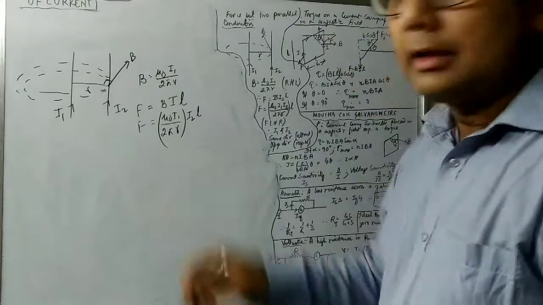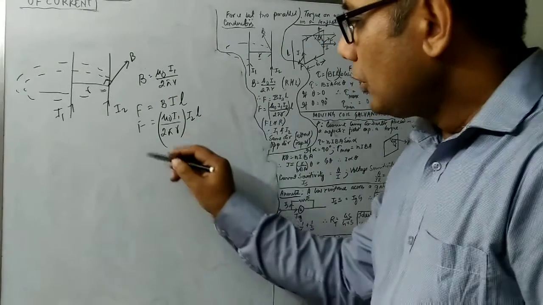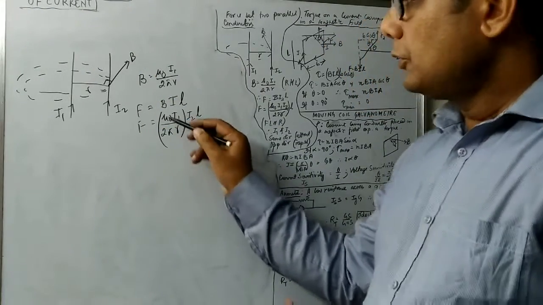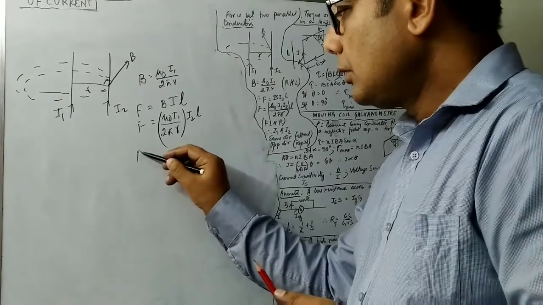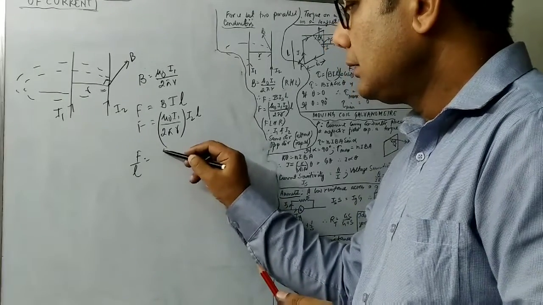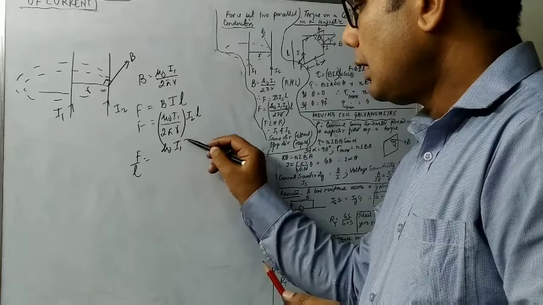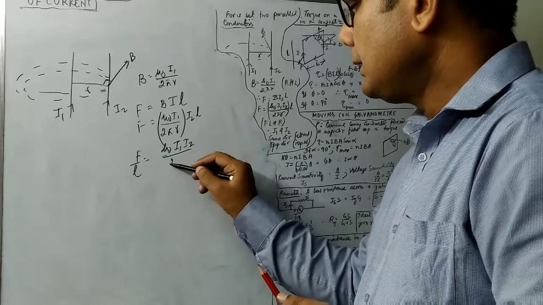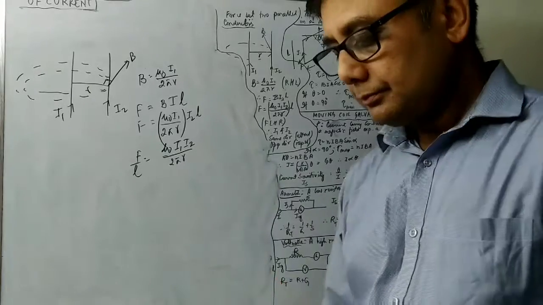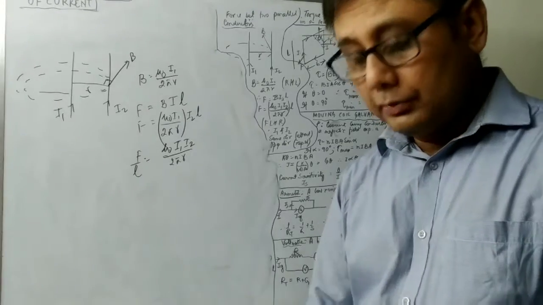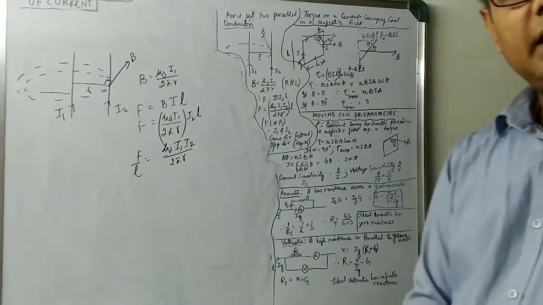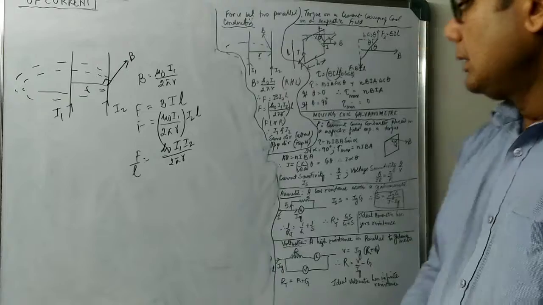L is the length of this wire. This is the total force acting on the whole wire of length L. So if I want to find out the force per unit length, it will be mu0 I1 I2 by 2 pi r. This will be the force acting on the conductor per unit length. Clear?